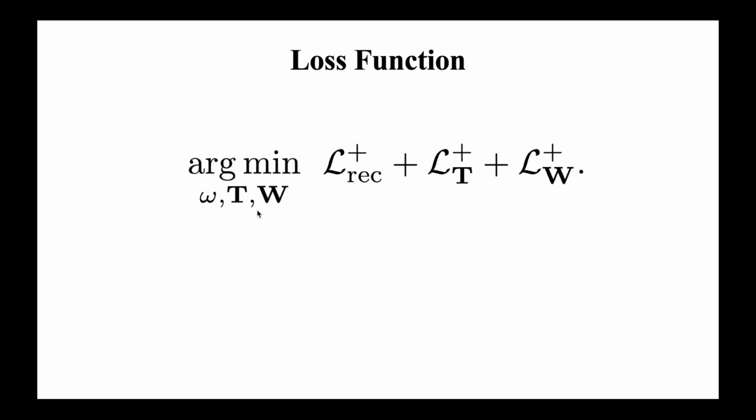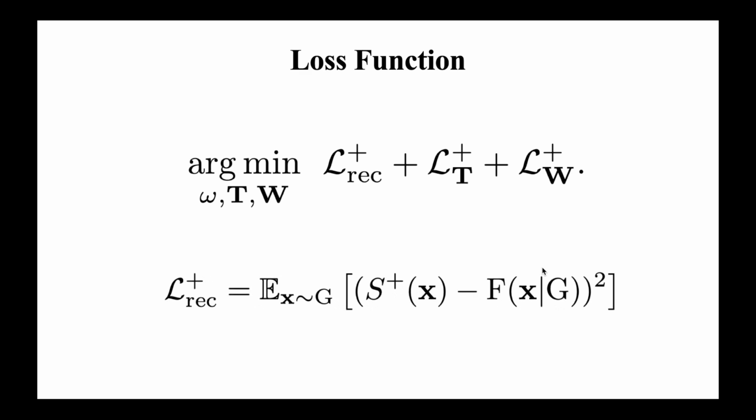So the whole loss function is comprised of three loss functions. The first loss is basically a mean squared loss function. It is used to measure the difference between the predicted labels and the true labels. And this f given xg here represents the true labels.